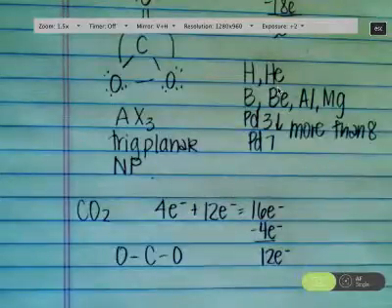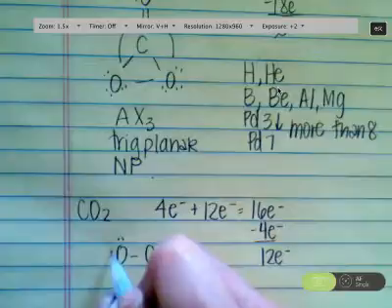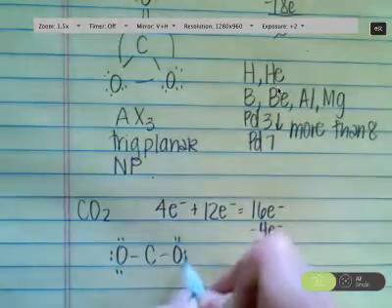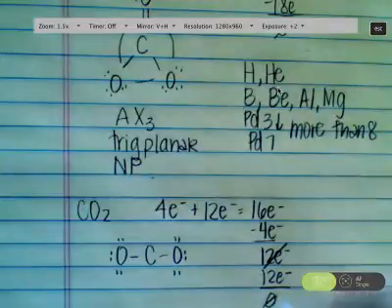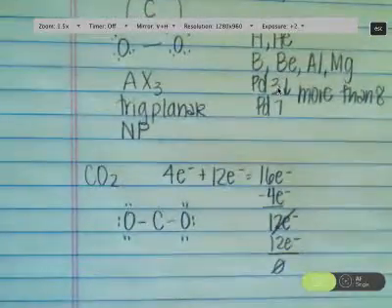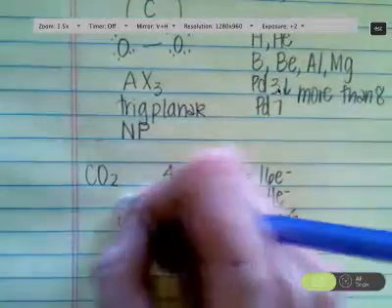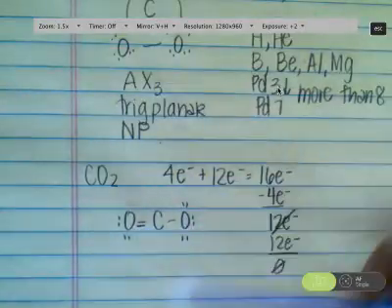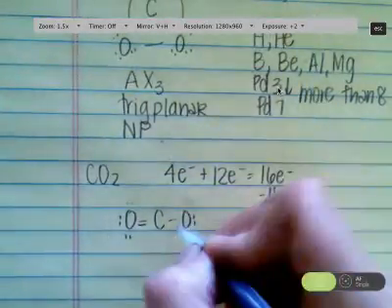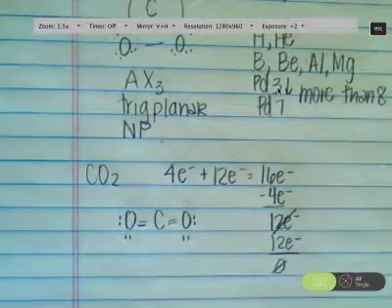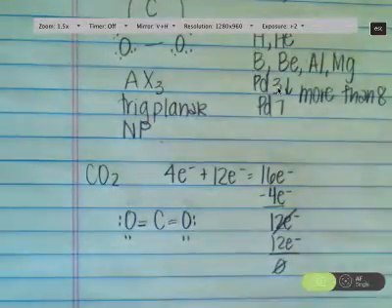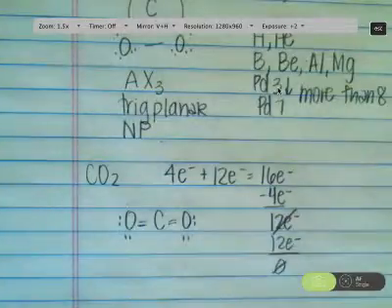Do I put them on carbon first or the oxygens? 1, 2, 3, 4, 5, 6, 7, 8, 9, 10, 11, 12. I used up all of them, and again, carbon doesn't have enough. So I could do double bonds on each side or triple, right? So let's say that we just keep with the double bonds. It has resonance. We're not going to worry about arrows. What is the shape of this?